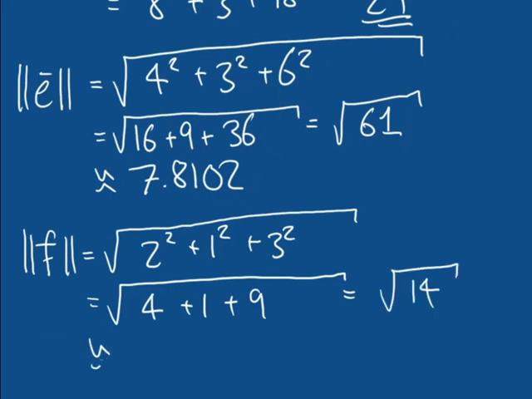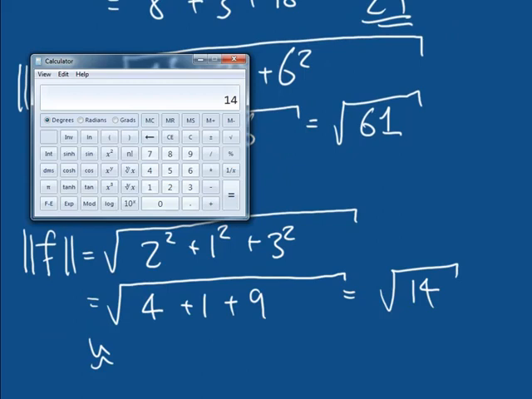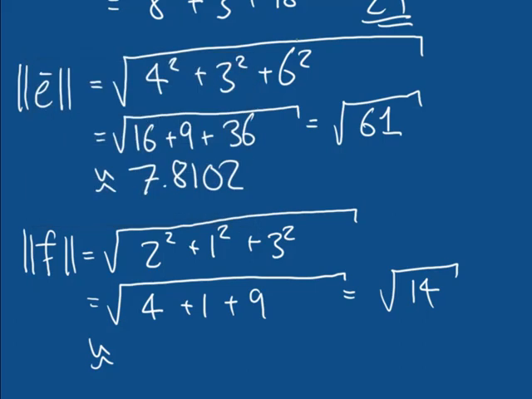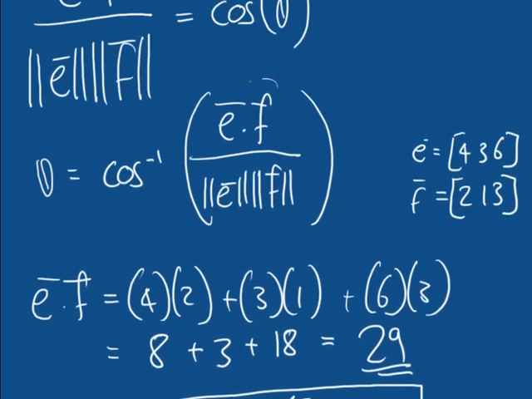And that is approximately equal to, if we use our calculator, 3.7417 if we were to round this to 4 decimal places. Fantastic.